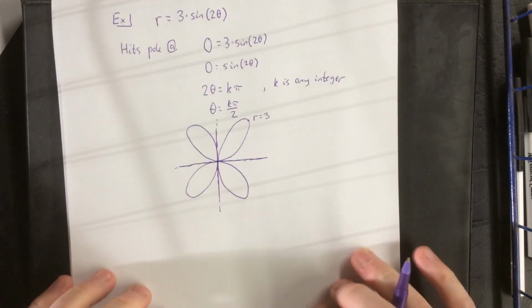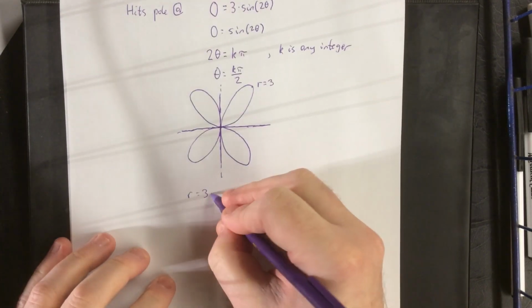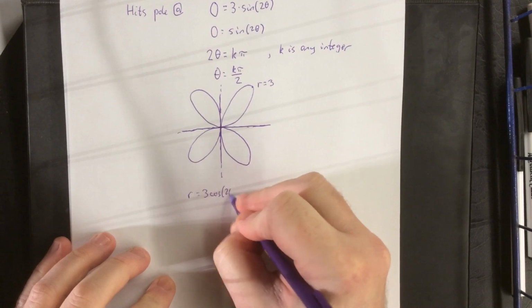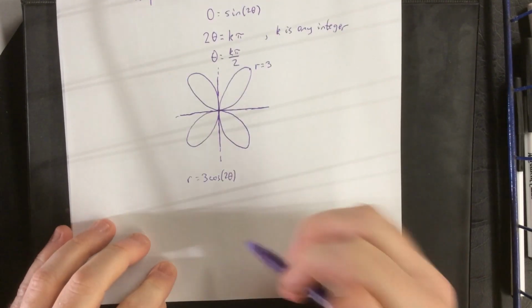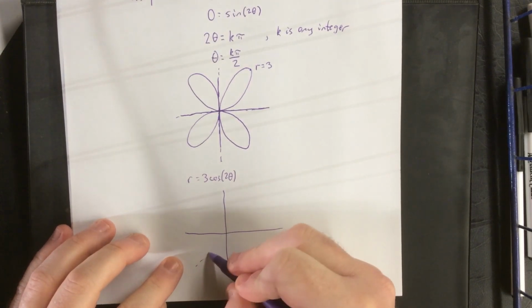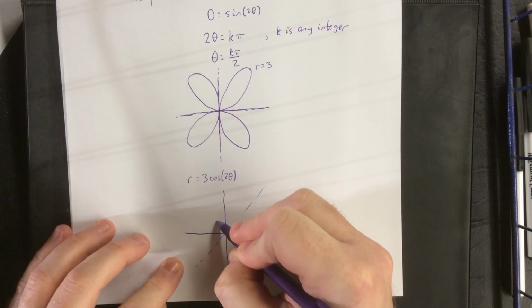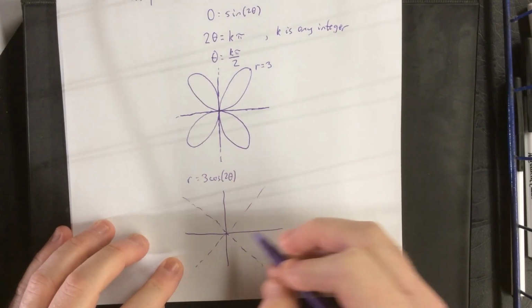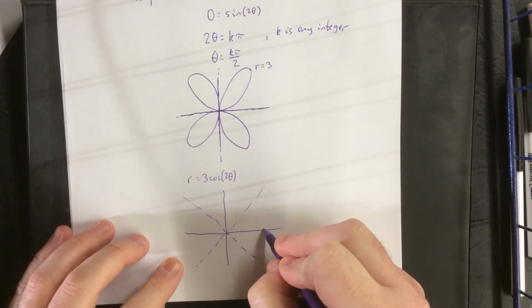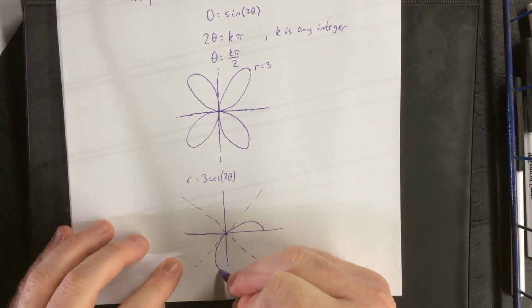Now, if we had changed this ever so slightly to be r is equal to 3 times the cosine of 2 theta, then rather than starting at the pole, we would actually be starting at an extreme point. If you do the same calculation as what we did for the sine, you would actually get that pi over 4 plus k pi is going to be where we see our intersections with the pole.